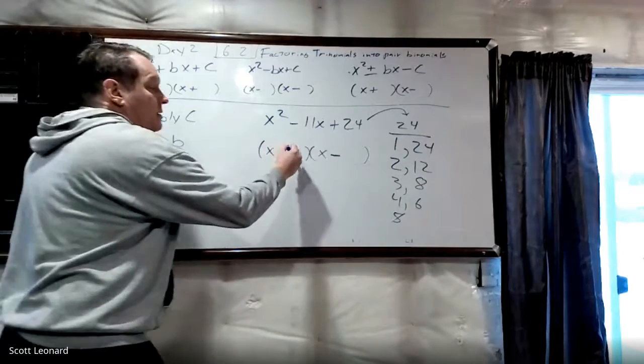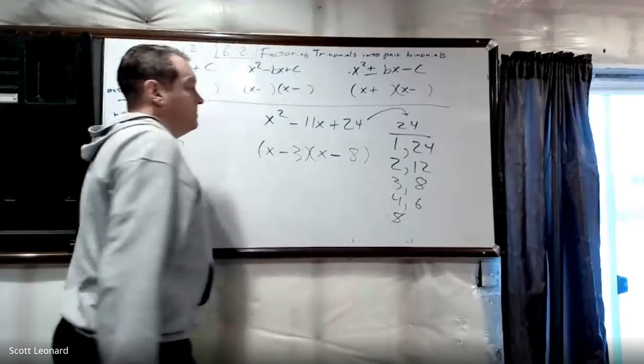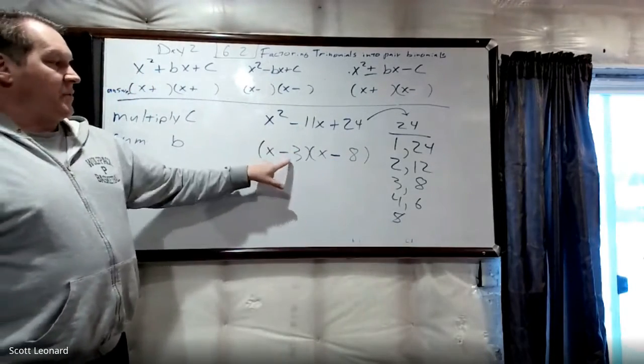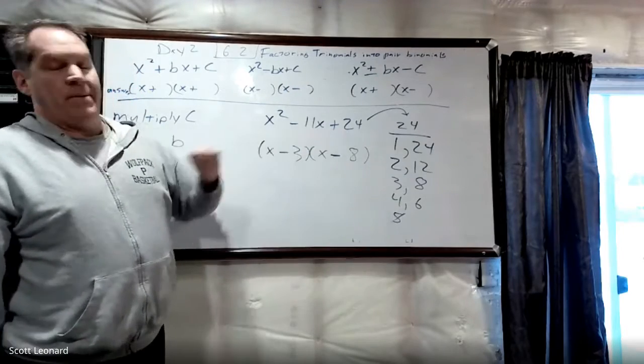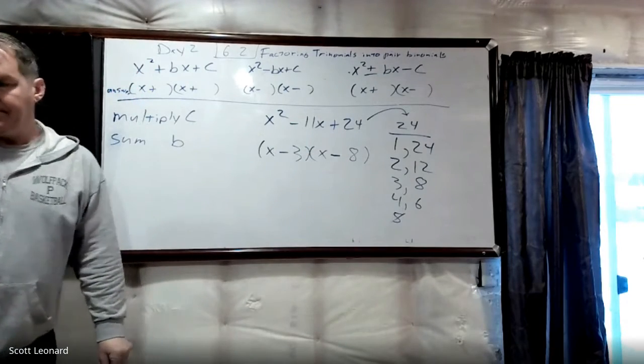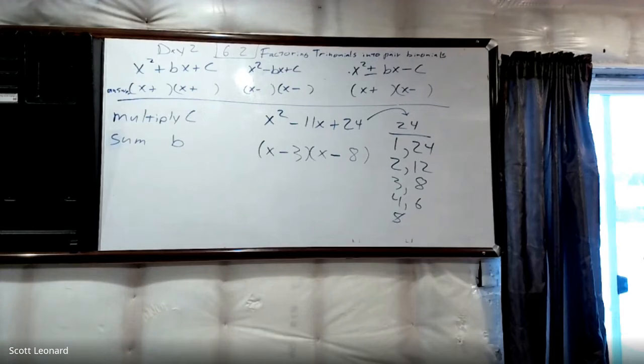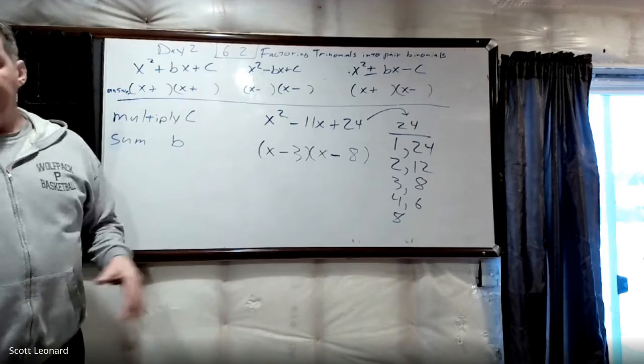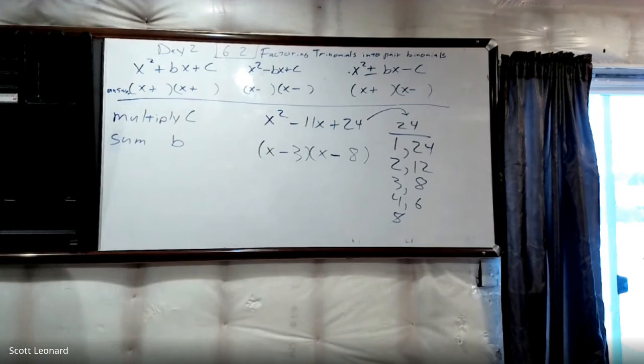Negative 3 plus negative 8 adds up to negative 11. If you take negative 3 times negative 8, you get a positive 24. This is your answer. Now, what I'm going to do right now, you don't have to do, but it's a way to check your work.